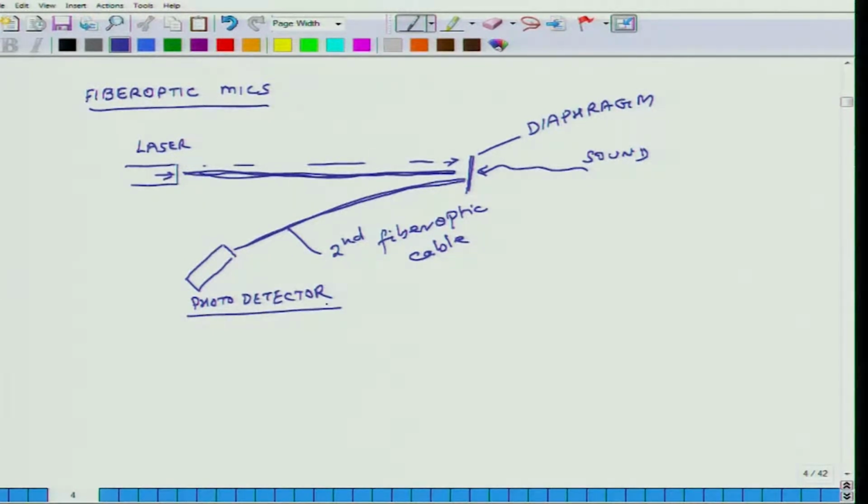Okay. So when there is no sound, the diaphragm is straight and I measure a certain amount of light which comes back and I calibrate with respect to that situation.